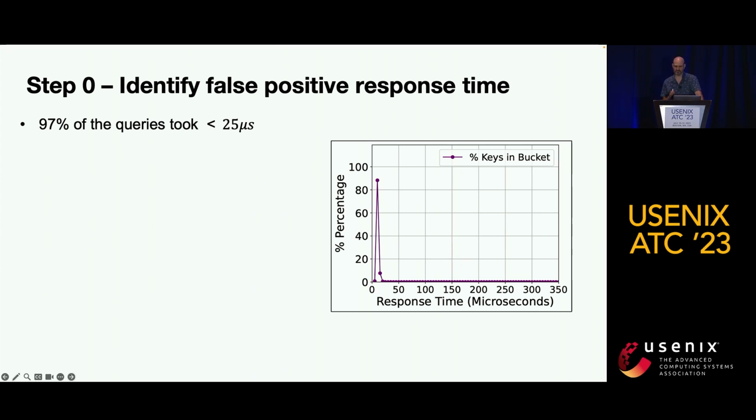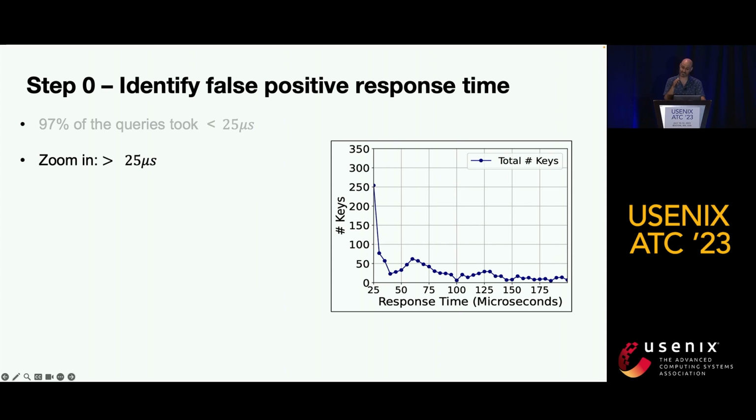For distinguishing between a filter hit and a filter miss, we build a distribution of all the queries' response time. For a filter miss, the response time should be fast. In the figure, we can see that 97% of the queries took less than 25 microseconds, which indicates a filter miss. Now let's zoom in and take the total number of queries that took more than 25 microseconds.